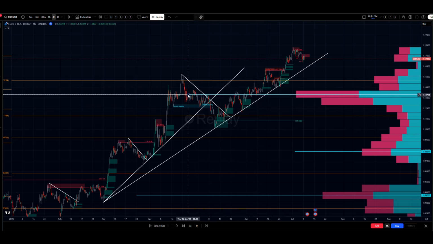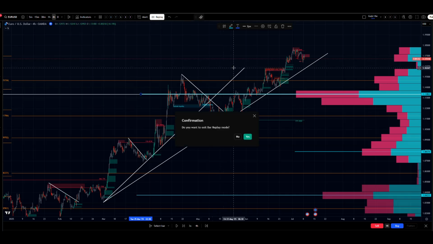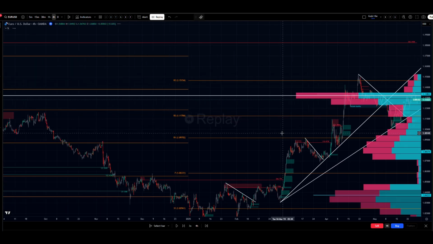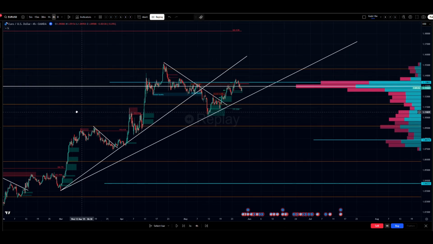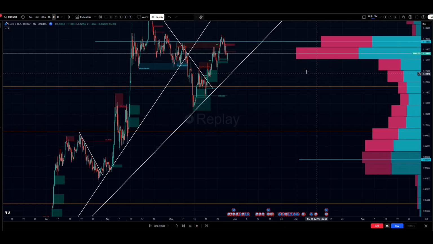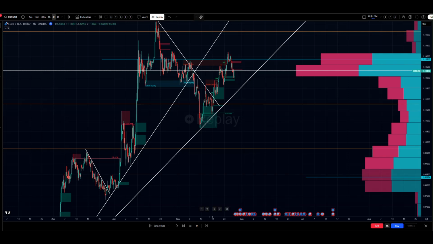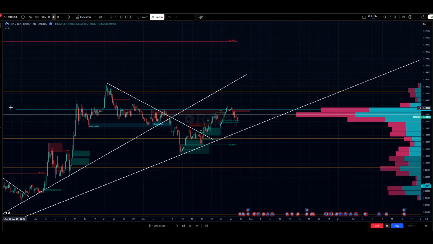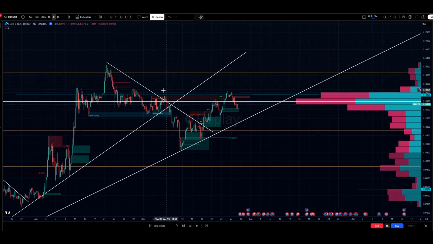Let's say this VRVP area is marked, right? So let's see what is happening when we go back to a certain bar. Let's say here we are going back, and we are watching the price action on a much smaller node. This was the point of control we had, that obviously acts as a resistance.